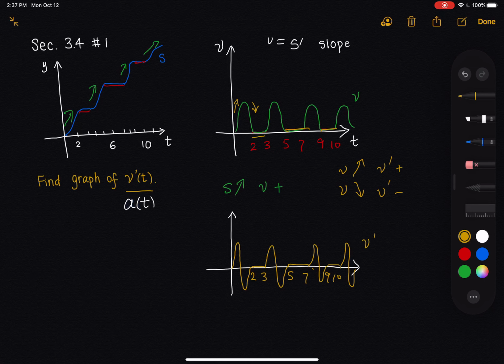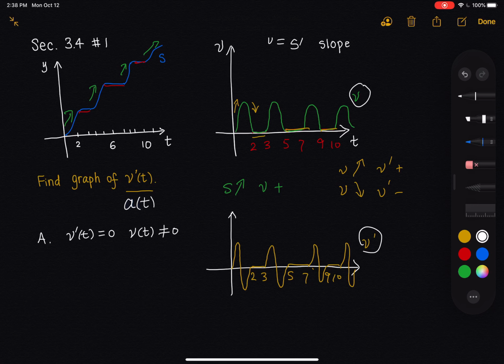So this is the graph of v prime, and you just need to match the graph. Now, once you have the graph for v and v prime, you can answer the choices in the statements, whether they are true or false. For the first one, statement A: there are times where v prime of t is 0 and v of t is non-zero.